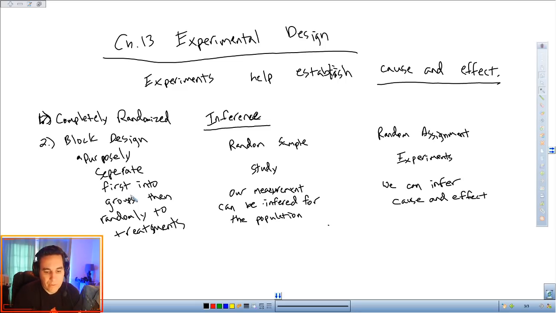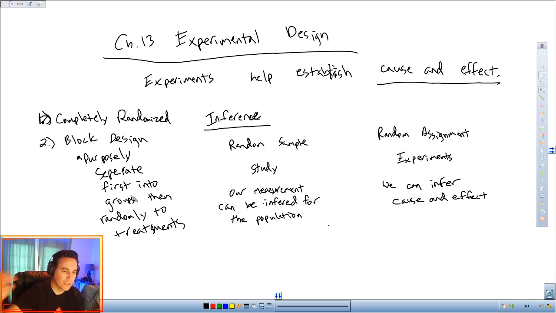So let's say we were doing a vaccine trial, and we thought age of patient might affect it. If you really think age of patient affects it and you want to guarantee that you're measuring that, you will first separate your people into their age categories, and then you will randomly assign from each age group to the treatments and the control group.